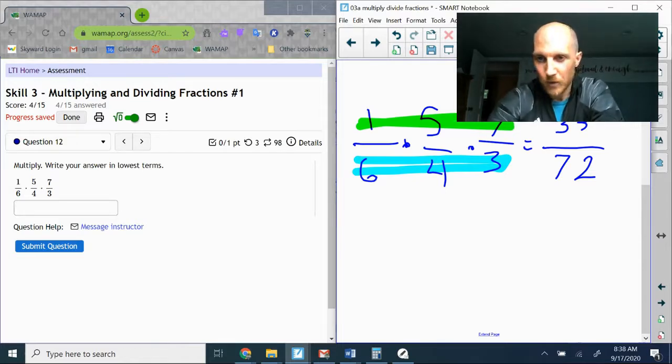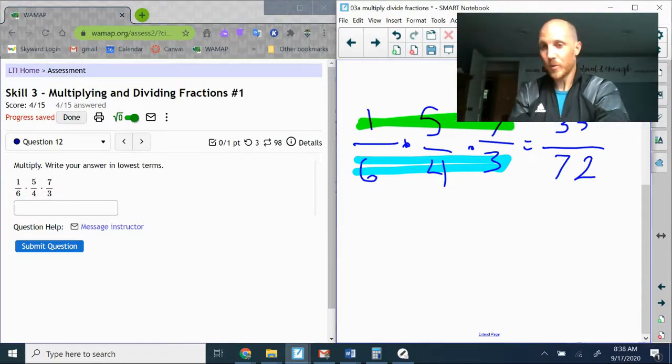Let's see if we can reduce this. So 35 and 72. Can I think of a number that will multiply into 35 and also multiply into 72? The only numbers I can think of that multiply into 35 are 5 and 7 and 1. 1 is always going to be true, but that never helps me reduce anything.